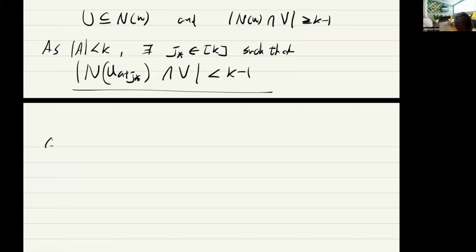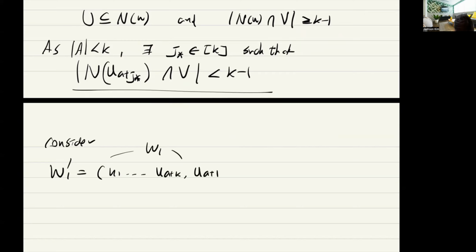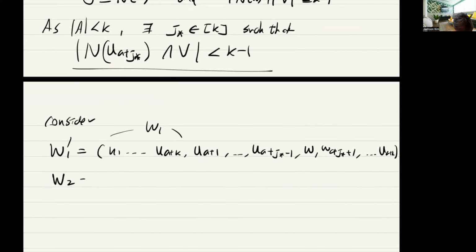So we consider a W prime 1 as U1 to U A plus K. So this one is W1. And then you repeat the last K parts, except that you kick out this one, and then you plug in W. And you come to the last one, U A plus K. And then W2 is the same.